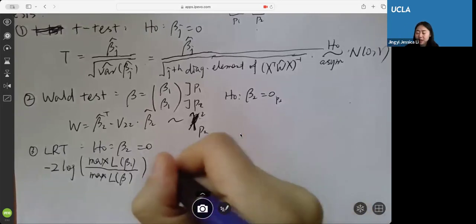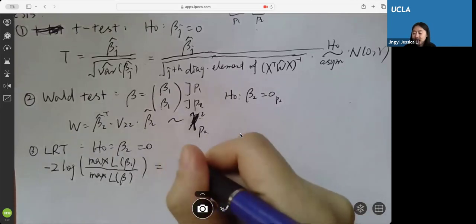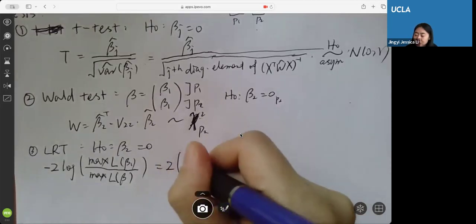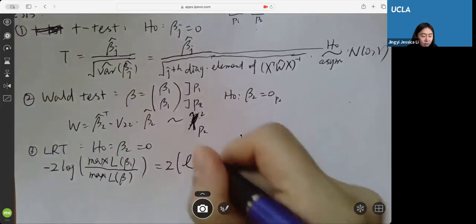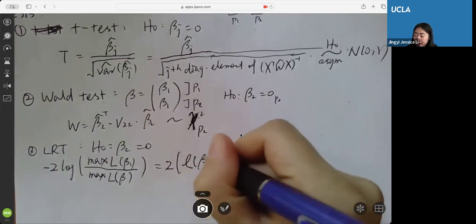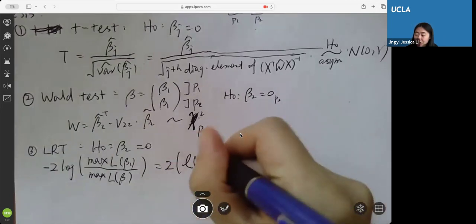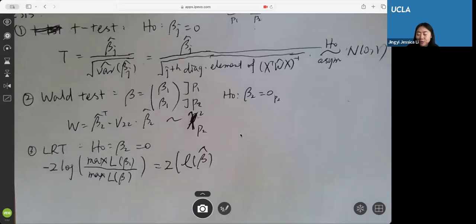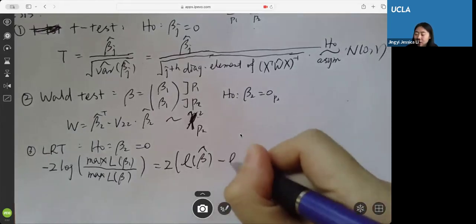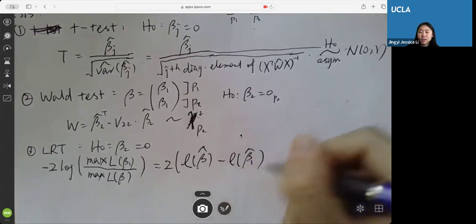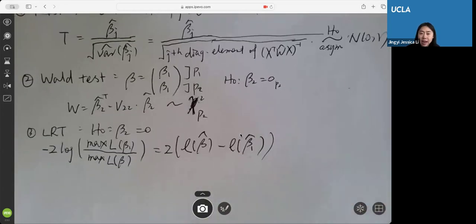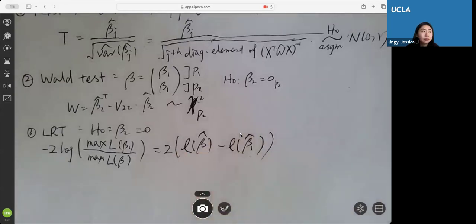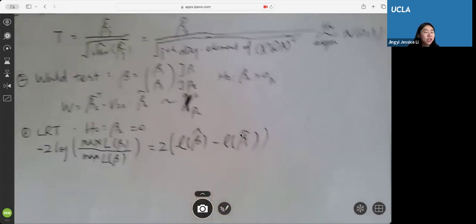Essentially, I can easily write it as 2 times the log likelihood of beta hat, the maximizer under the full model, minus the log likelihood under beta 1 hat, which is the MLE under the beta 1 only model. But what I can do is introduce the saturated model into each of them.